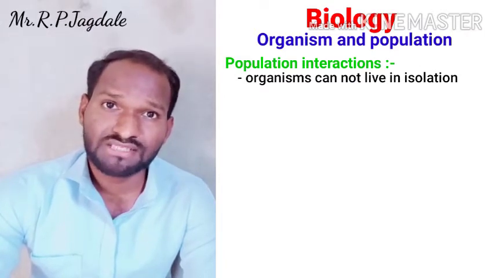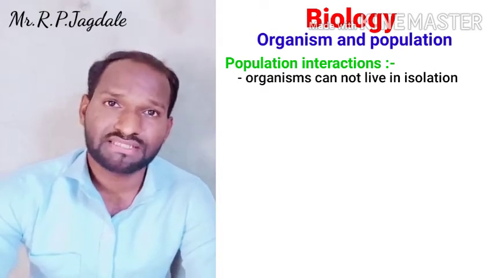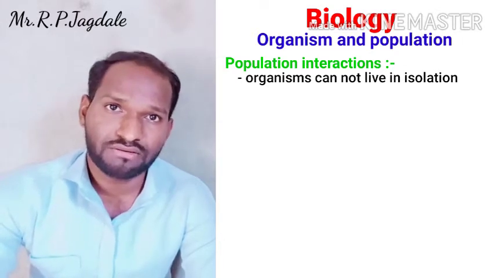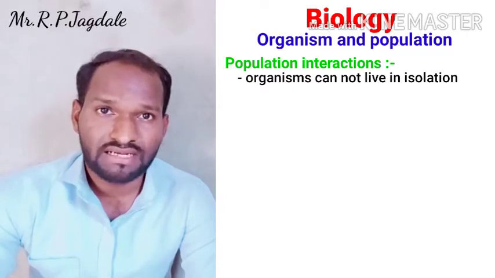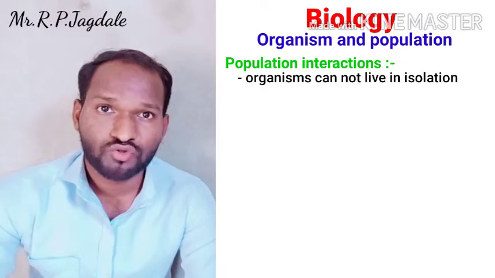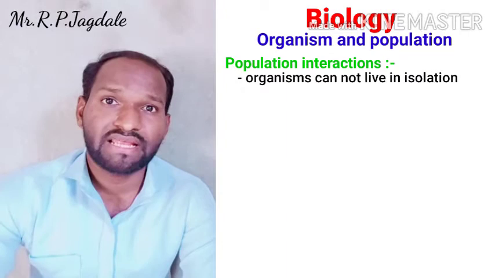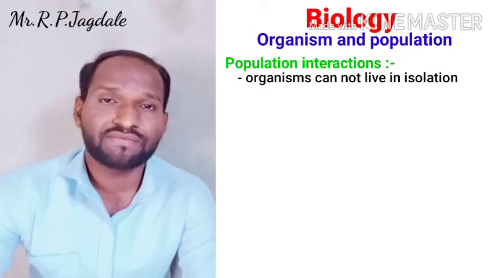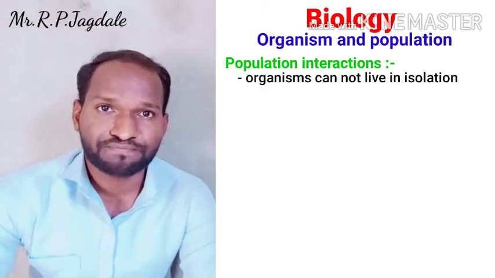Different species are living in communities, with different species and the environment. So when they are living together, they are interacting together. As there are different species, there are different types of interactions in the population, and we are going to see them in this lecture.